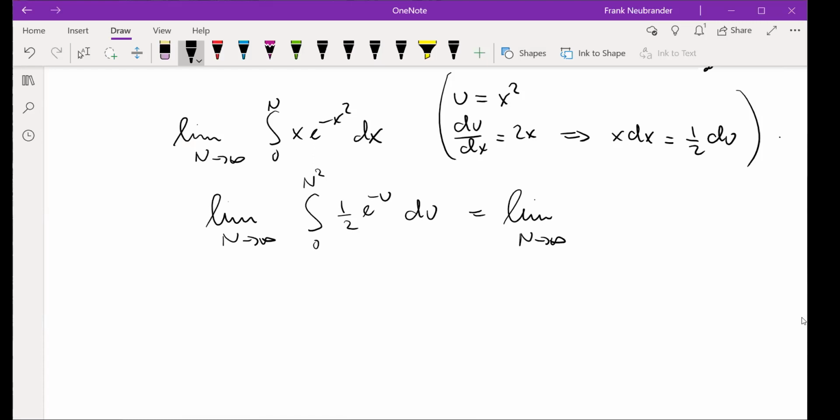Now the antiderivative of 1/2 e to the minus u du is minus 1/2 e to the minus u, because the derivative of minus 1/2 e to the minus u is 1/2 e to the minus u, where you plug in 0 and n squared. If I plug in n squared, you get minus 1/2 e to the minus n squared.